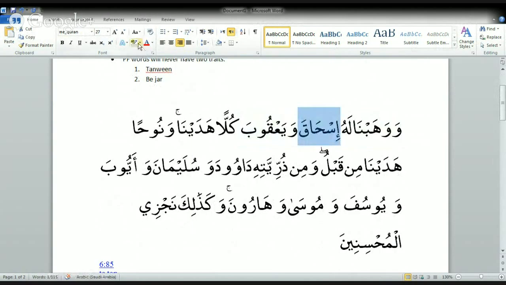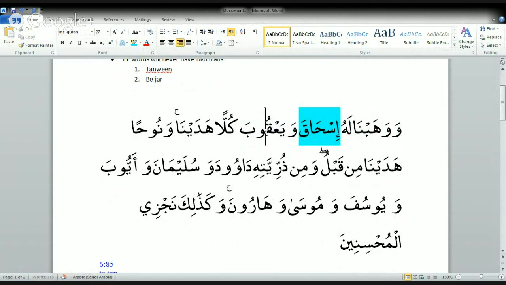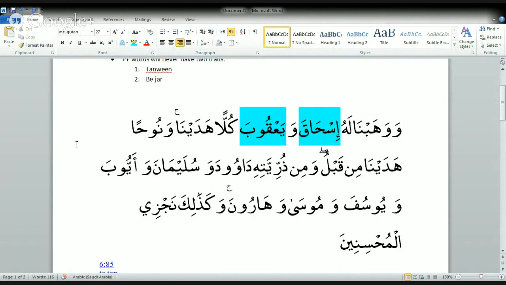The two names Ishaq and Yaqub. Those are non-Arab names. كُلًّا هَدَيْنَا وَنُوحًا هَدَيْنَا. How about نوحًا? Nuhan's an Arab name.